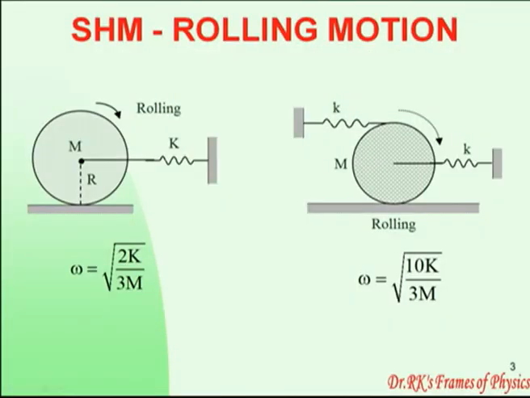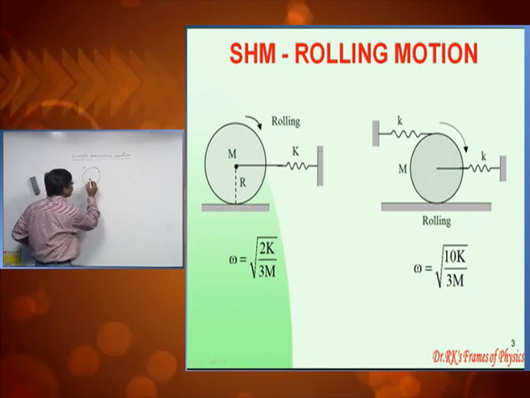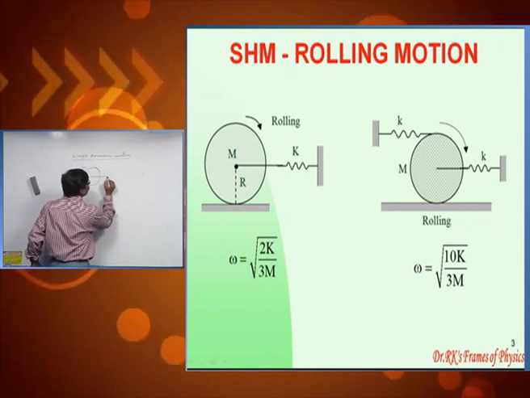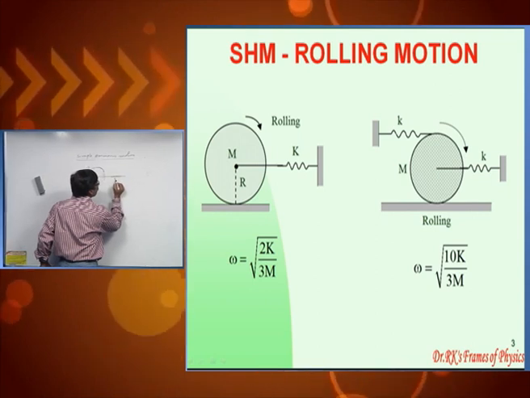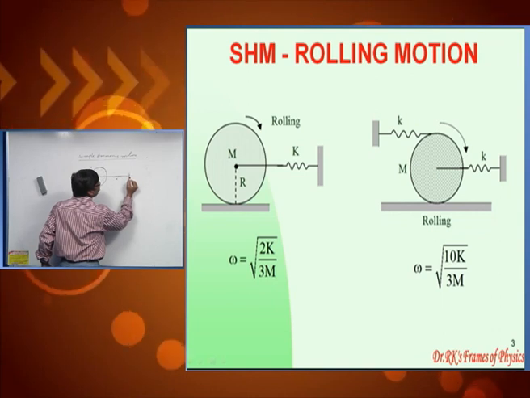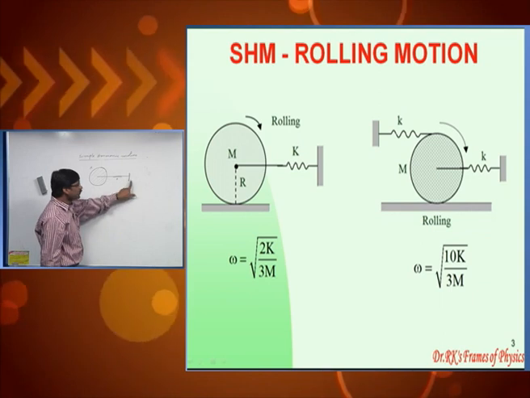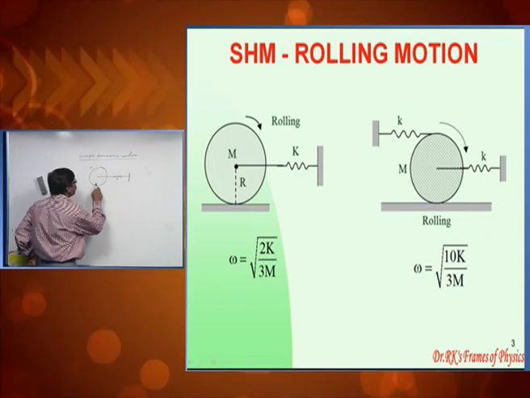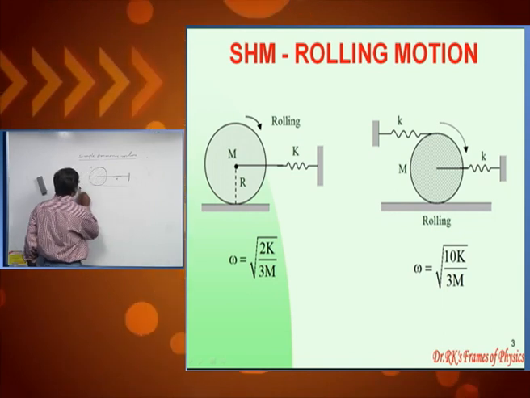Let us say a disk of mass m connected to a spring of constant k, the other end of the spring is fixed, and the disk is placed on a horizontal rough surface.